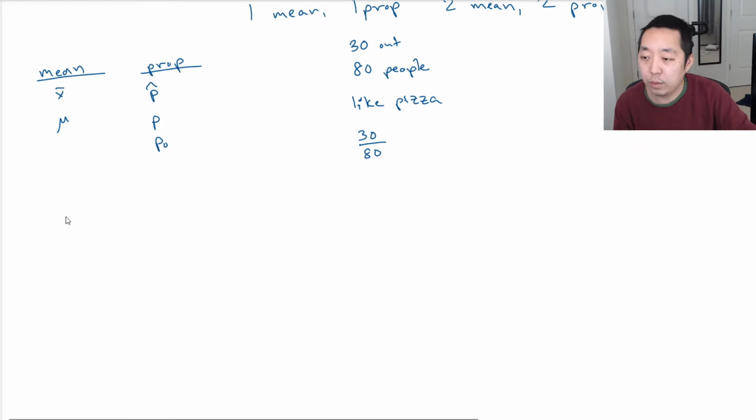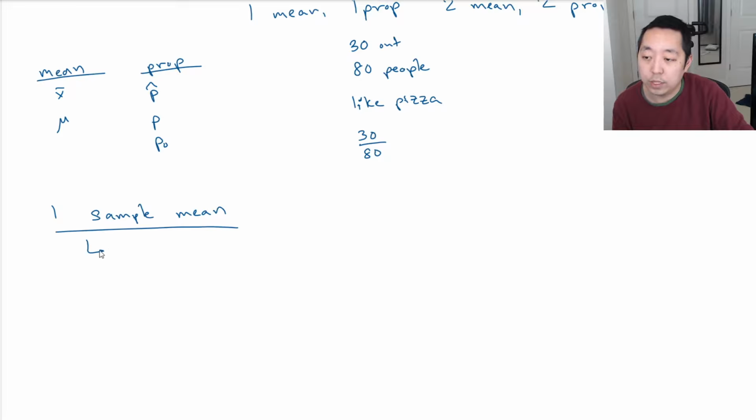So now we're down to a one sample mean, and you have to decide: do I do a z versus a t? When do I use a z distribution? You would use the z test when the population standard deviation is known.